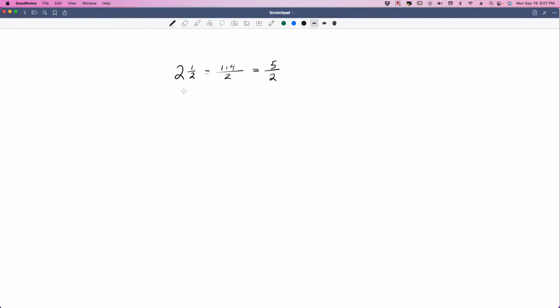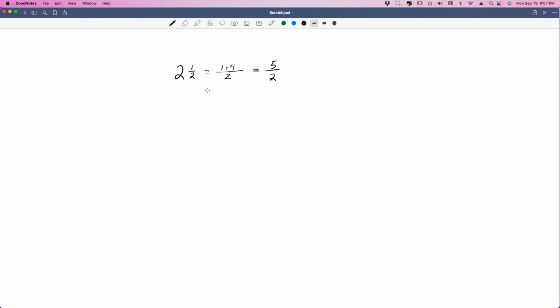So we try to stay away from decimals, and we try to stay away from mixed numbers if at all possible once we get into the higher algebra classes. Typically, the first step we do is to get rid of all of our mixed numbers. So let's look at converting some mixed numbers into improper fractions.